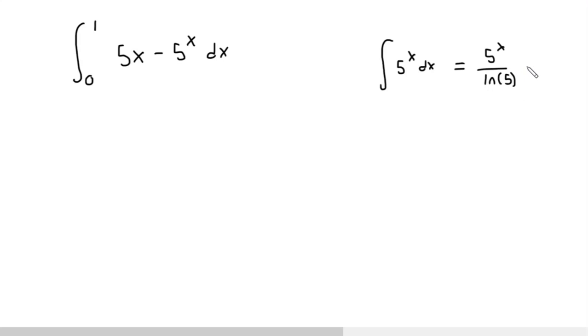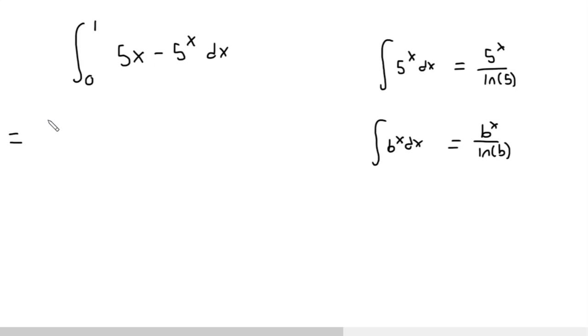That's just a general rule for integrals. If it's b to the x, it's simply b to the x over ln of b. Pretty similar to the derivative one, except instead of 5 to the x times ln of 5, or b to the x times ln of b, it's divided by ln of b. So no big deal.